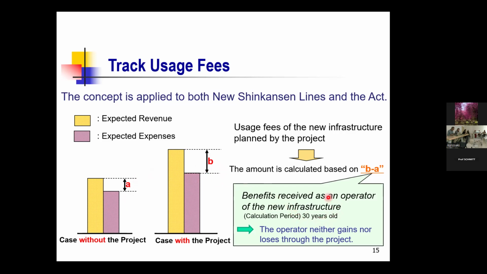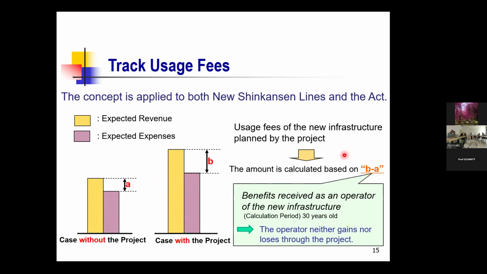So, calculating by the demand forecast, the increase of the profit shown by B minus A will be the amount of lease fee of the new infrastructure.